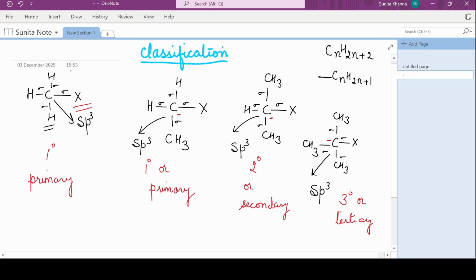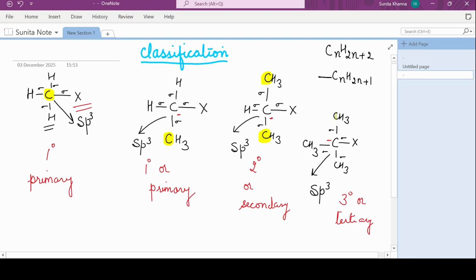When the carbon atom is attached to no carbon atom, or to one carbon atom only. See, this carbon atom is attached to one carbon atom only. So no other carbon atom or only one carbon atom, it is primary. When the carbon atom is attached to 2 other carbon atoms, then it is secondary.